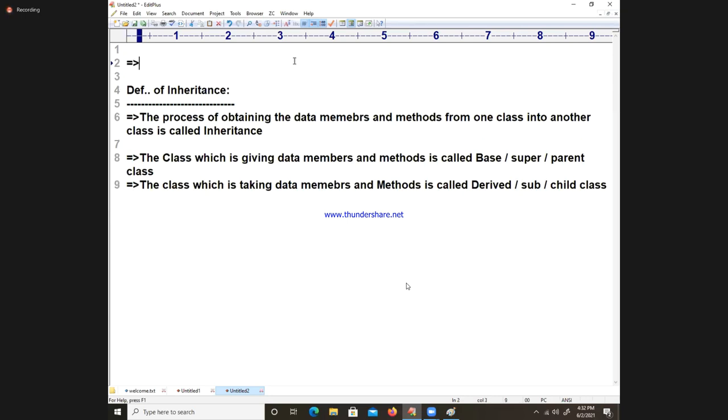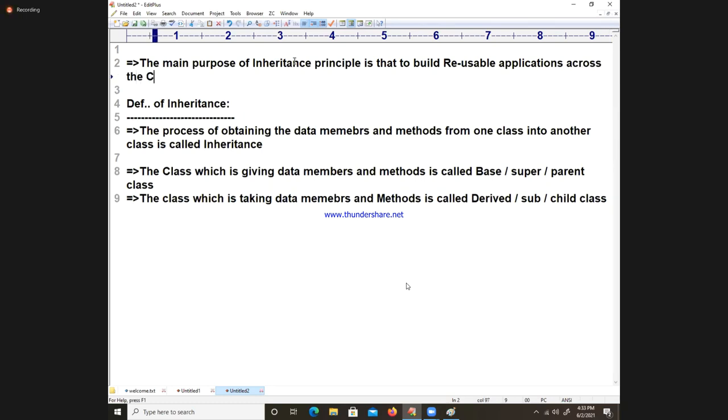I'm writing the main purpose of inheritance principle is to build reusable applications across the classes and programs.